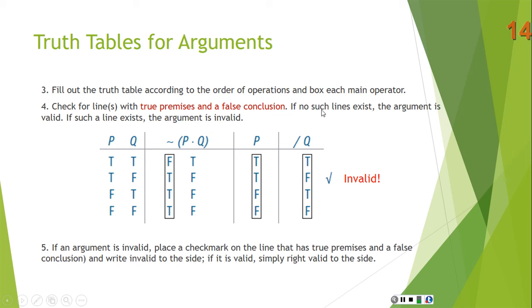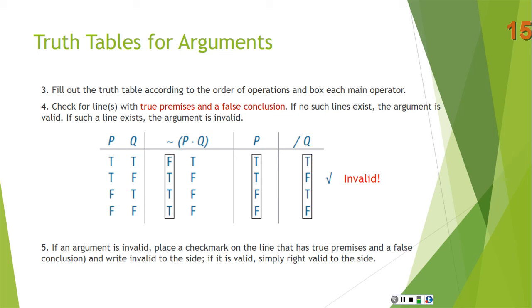So if no lines on the truth table exist where the premises are true and the conclusion is false, you know that it's valid because you've seen that it's impossible for the premises to be true and the conclusion to be false, because you've listed every single possible combination of truth values to the premises and the conclusion. If it's valid and there aren't any lines where there are true premises and a false conclusion, well then you know it's impossible for the premises to be true and the conclusion to be false.